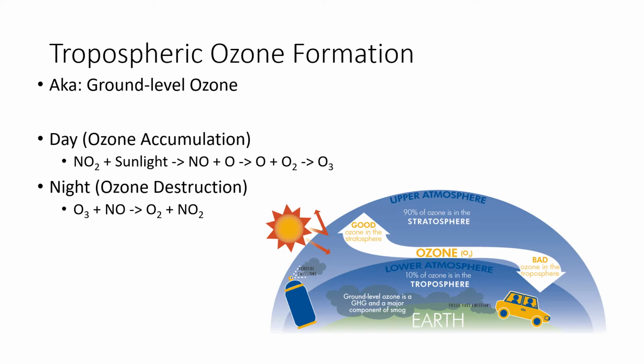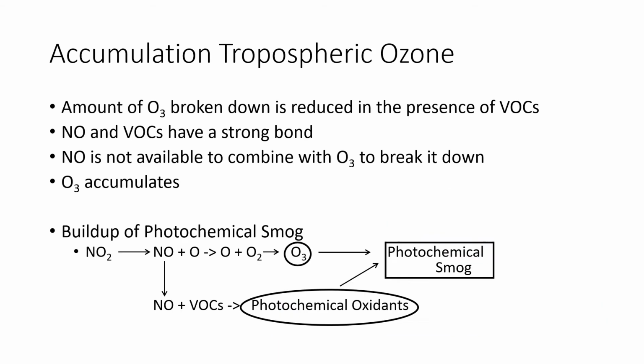And that ozone is then broken down at night when the sunlight isn't there. That nitrogen oxide pulls that oxygen off of ozone to give us molecular oxygen and nitrogen dioxide. So it's this: I build it up and break it down, and build it up and break it down. When we add more nitrogen oxides into the mix, things get a little unbalanced.